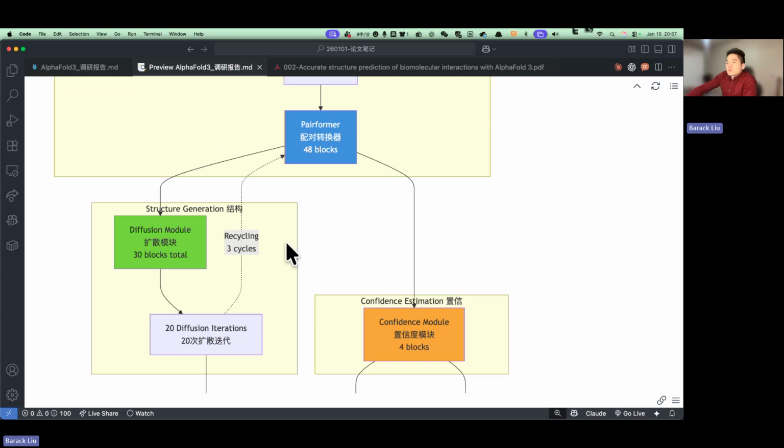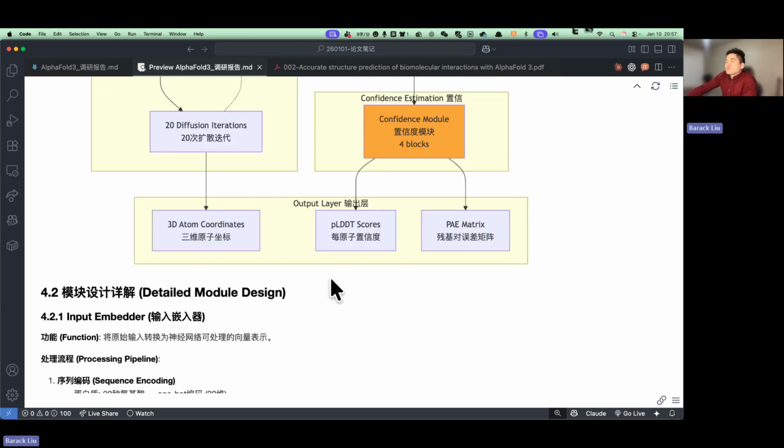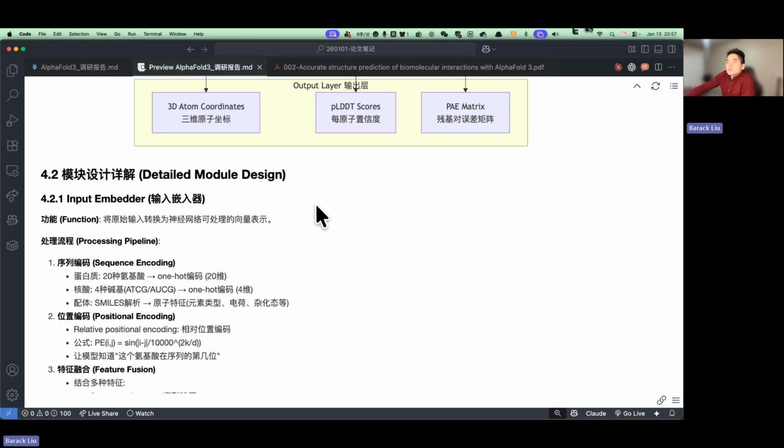Structure generation: diffusion model, recycling, 3 cycles, 20 diffusion iterations. Confidence estimation. Output layer: 3D atom coordinates, pLDDT scores, PAE matrix. Detailed module design: input embedder.